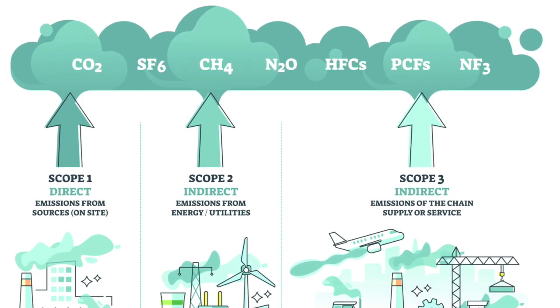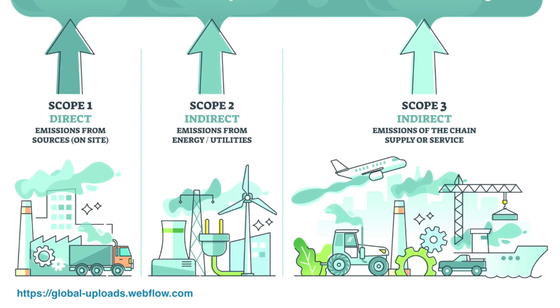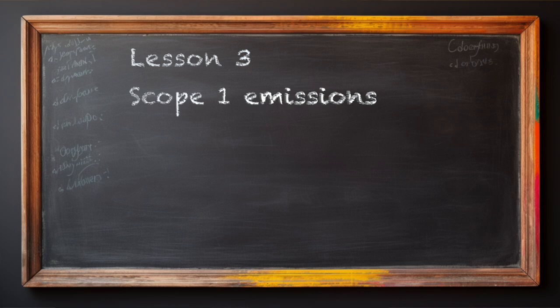Then we have 3 lessons with scope 1, 2 and 3 type emissions. Lesson 3 is about the scope 1 emissions, and they are direct emissions. There we identify emissions from sources that are owned or controlled by your organization, such as fuel combustion or manufacturing processes.